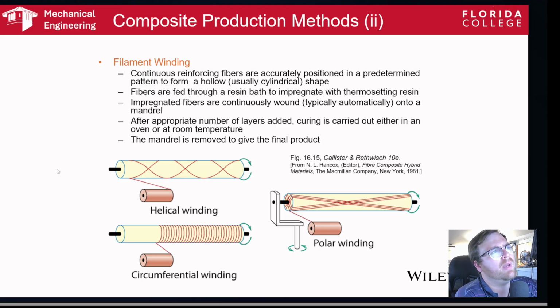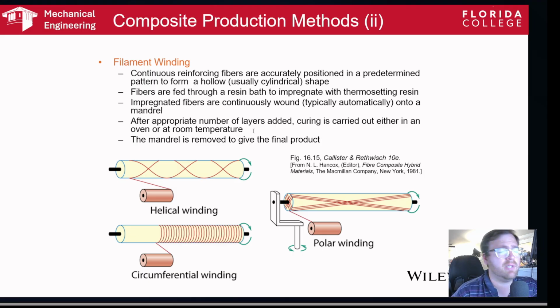Fibers are then fed through a resin bath to impregnate them with thermosetting resin. These impregnated fibers are continuously wound, typically automatically, onto a mandrel. So this thing would be the mandrel. And then after an appropriate number of layers are added, curing is carried out in either an oven or at room temperature.